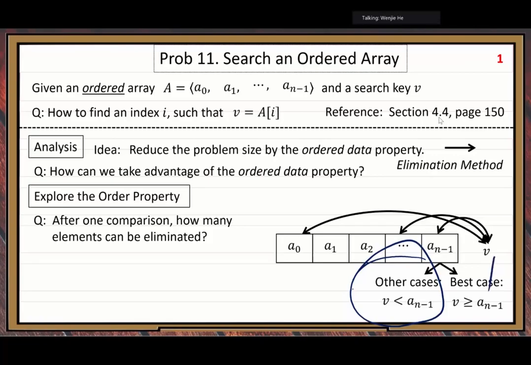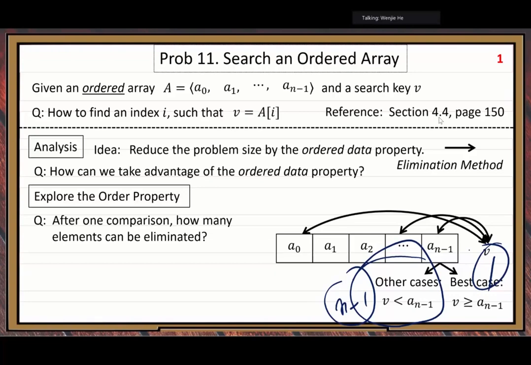For the worst case, the size is n minus 1. Look at the big size difference: 1 versus n minus 1. The difference is very big. So that's the extreme case.